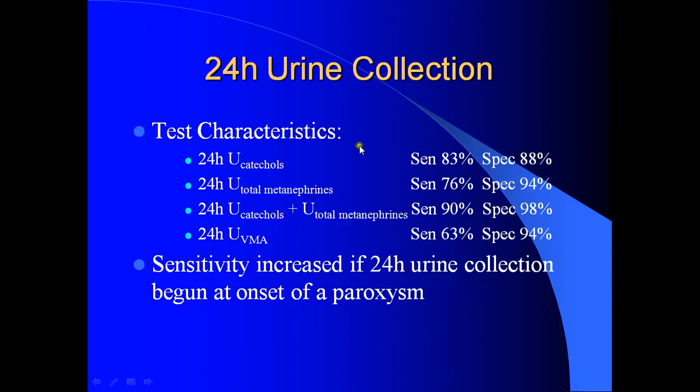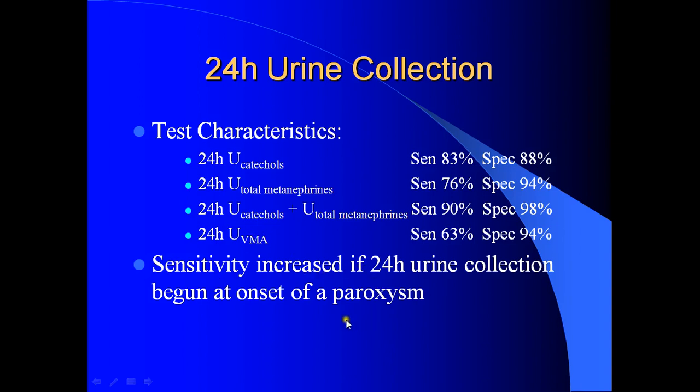Again, urinary catecholamines are 83 to 88% specific, while metanephrines are 94% specific. When you do both of them, the sensitivity and specificity is more than 90 to 98%, so they can guide you more properly. VMA is not sensitive; 63% is the sensitivity. So this is not considered the gold standard anymore.